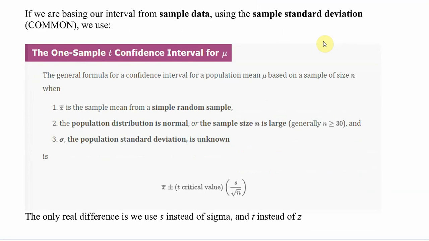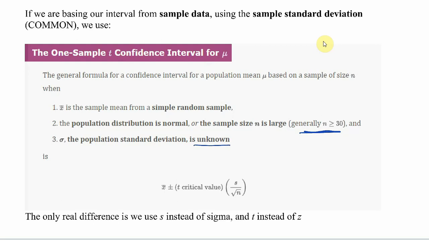The general formula for a confidence interval of a population mean mu based on a sample of size n: again, x bar is the sample mean from a simple random sample, the population distribution is normal or the sample size n is greater than or equal to 30, and the population standard deviation is unknown.